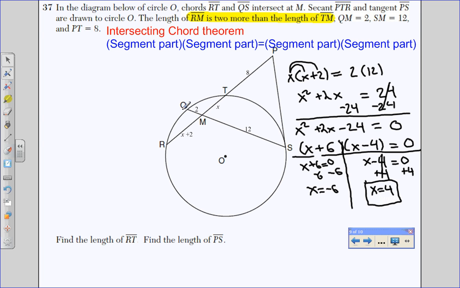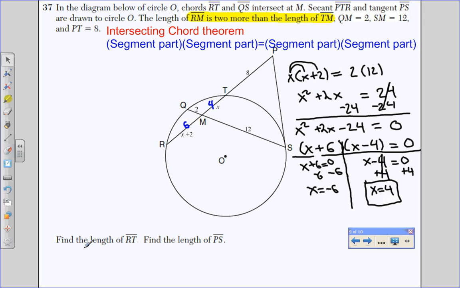So if x equals 4, that means segment TM is 4. Let me go ahead and rewrite that. And RM is going to be 4 plus 2, which is 6.